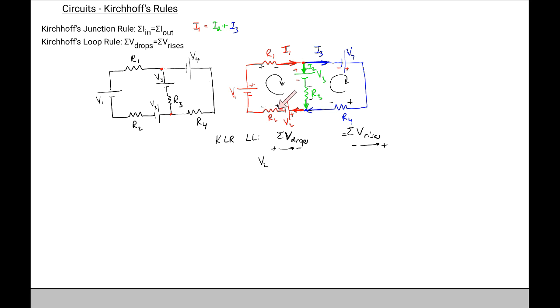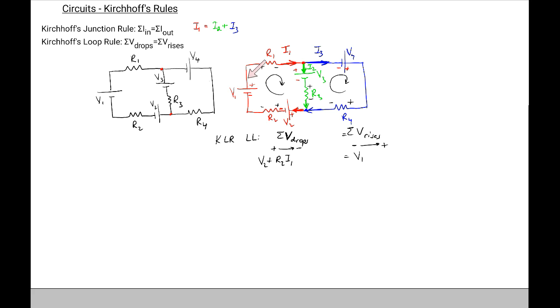And to make the resistor into a potential drop, I have to multiply it by the current that goes through it, current I1. So the voltage drop there will be R2I1. Then I continue going through here, and passing through V1, I go from negative to positive. Negative to positive is a rise, so I'm going to put V1 on the rise side of the equation.